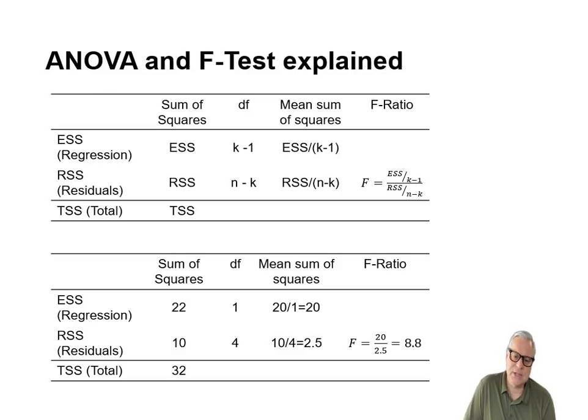If you have the same sum of squares, but you need to distribute it over, let's say, 50 little pebbles as explanatory variables, and you have 49 degrees of freedom, then the mean sum of squares, the average explained sum of squares per coefficient, becomes very, very small.